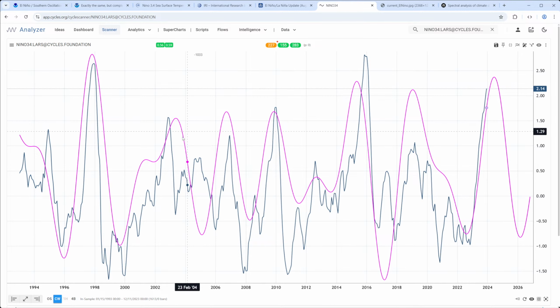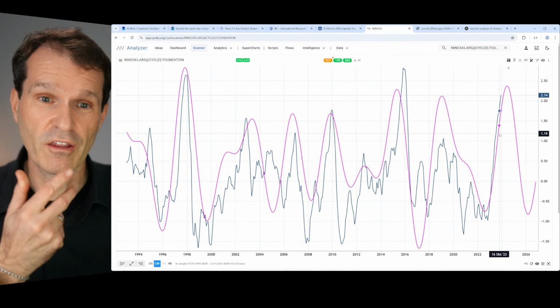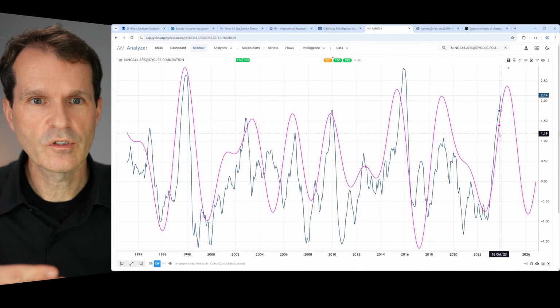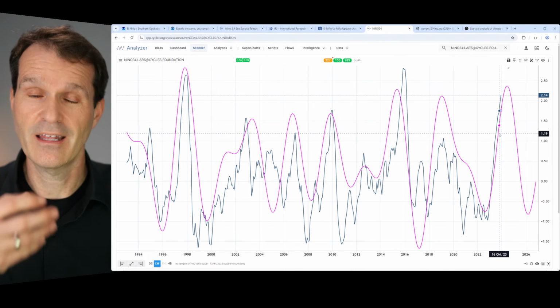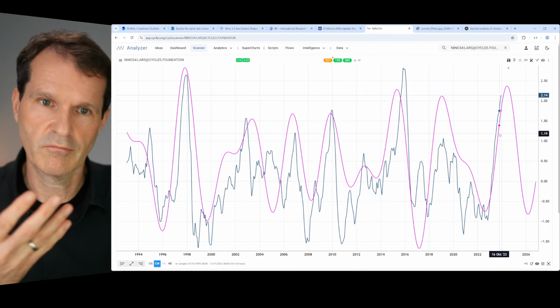And as you can see, it wraps the real data almost perfectly. So by only using 3 cycles, we could explain almost all anomalies in the past of that data series, which is quite interesting.